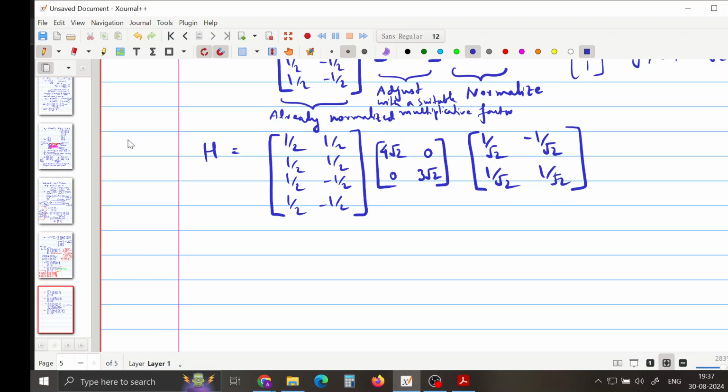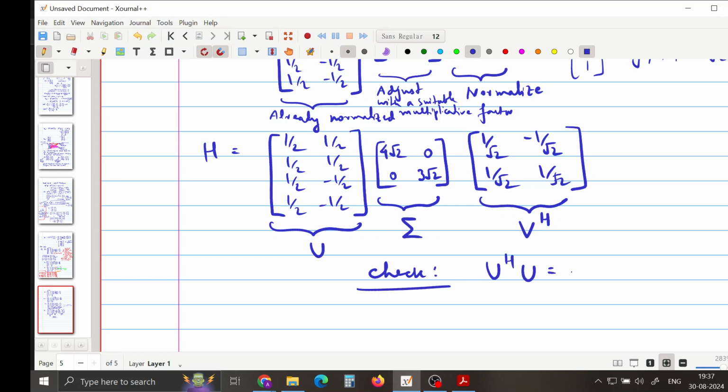So now this entire product, this decomposition, is indeed in my U sigma V Hermitian form, and you can check that U Hermitian U is indeed identity of 2 cross 2.